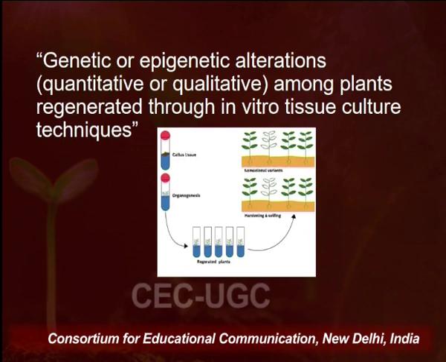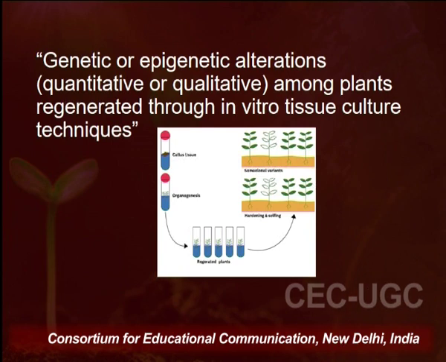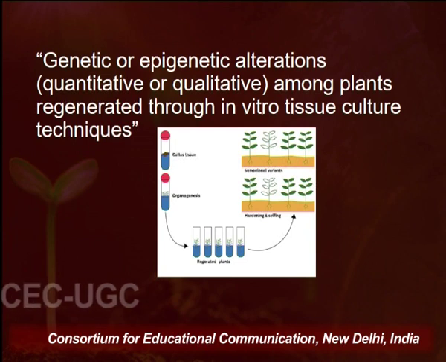In the crux, somaclonal variations are variations at genetic, epigenetic or phenotypic levels that occur in somatic cells especially under in vitro tissue culture conditions. These variations are also defined as genetic or epigenetic alterations, both qualitative as well as quantitative, among the plants regenerated through in vitro tissue culture techniques.